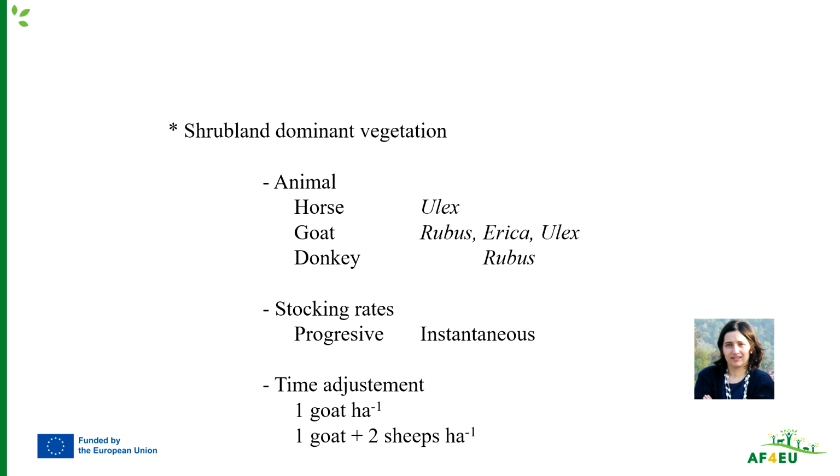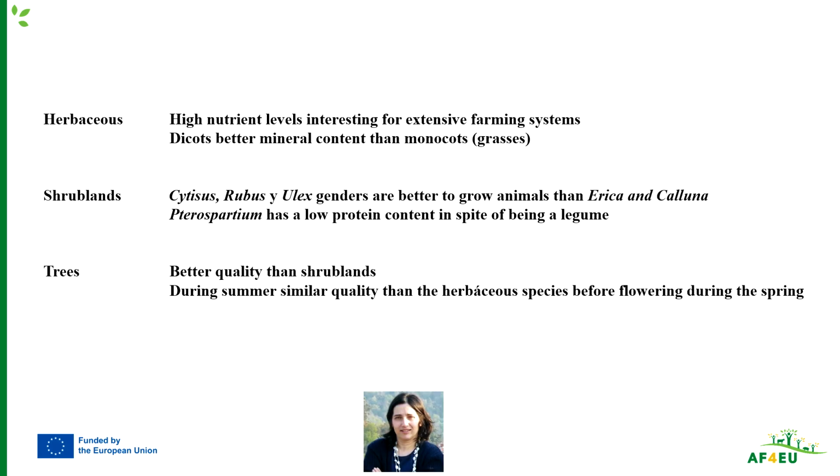If we have shrublands, we have to make a time adjustment, 1 goat per hectare at the beginning, because they only consume these shrubs, but afterwards they can be replaced by sheep when you have a more herbaceous vegetation in the understory of agroforestry practices. But it could be good to keep the goats if you don't improve the soil.